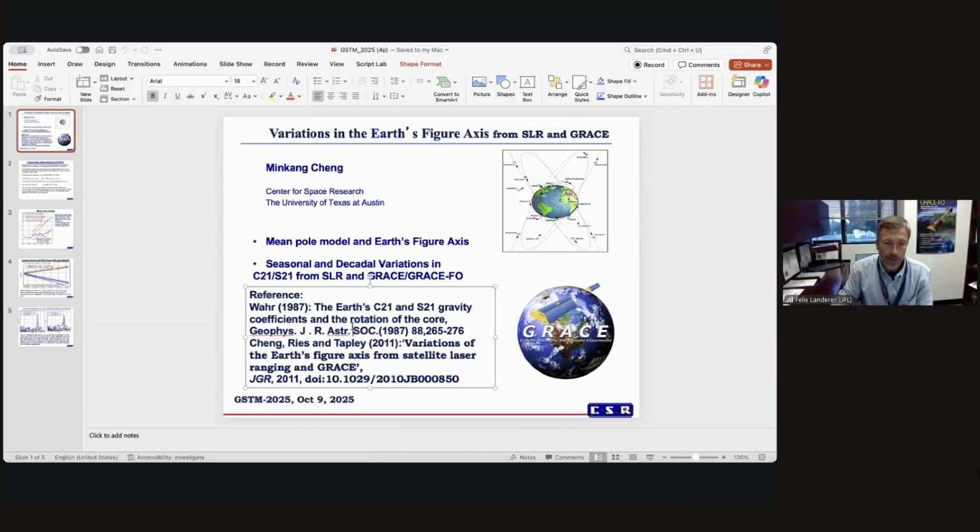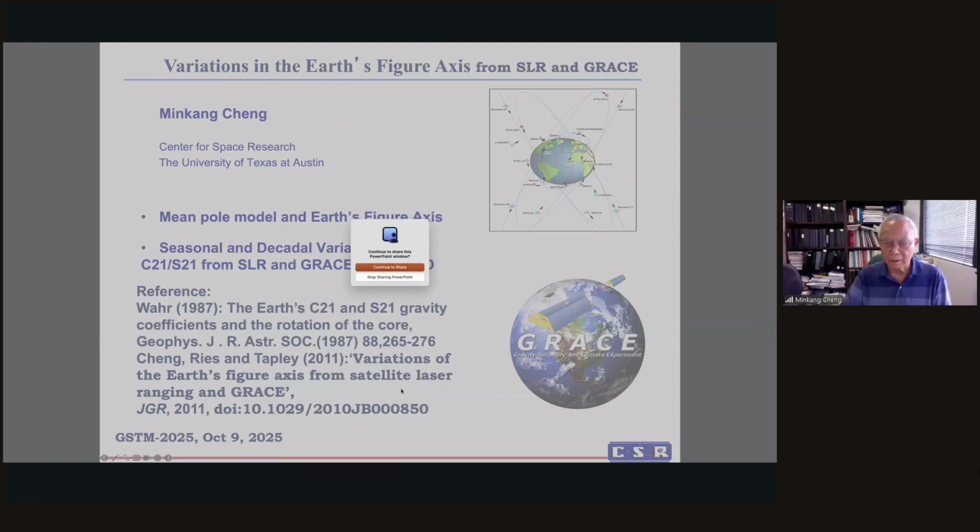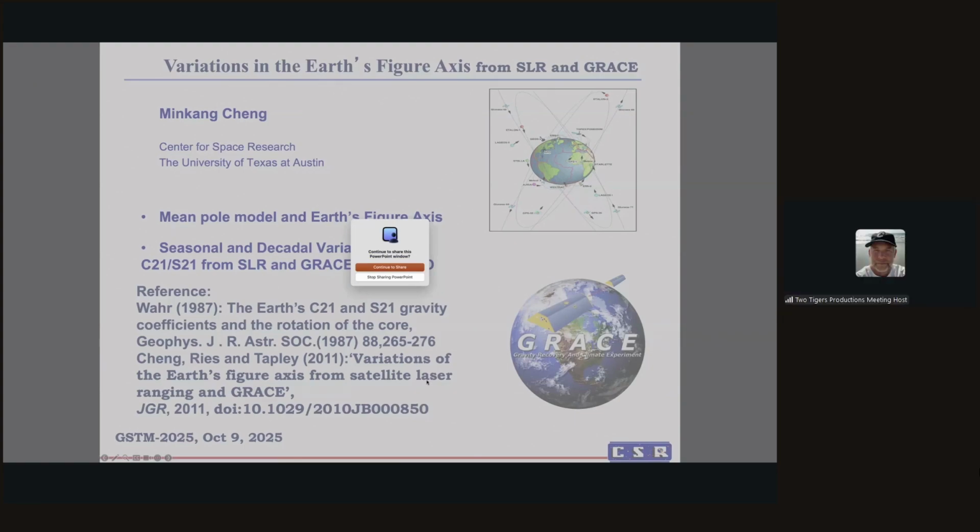Down there by that slider where the minus is, lower right corner of your screen. Yep. Just click continue to share, right there in the middle of your screen.